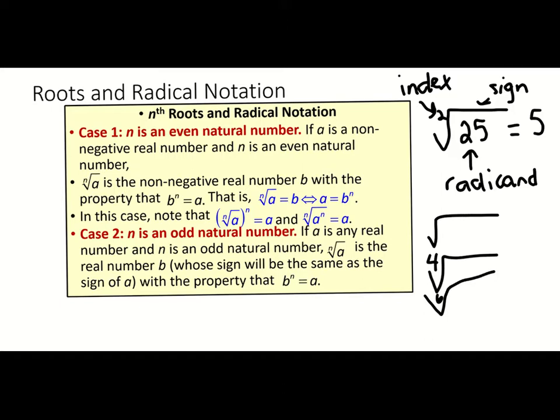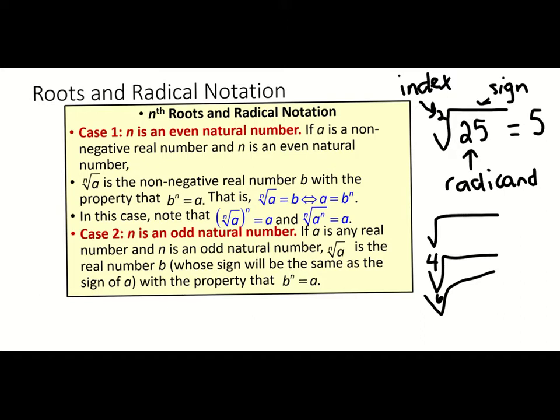So A has to be a non-negative real number. It could be a decimal, has to be just positive.